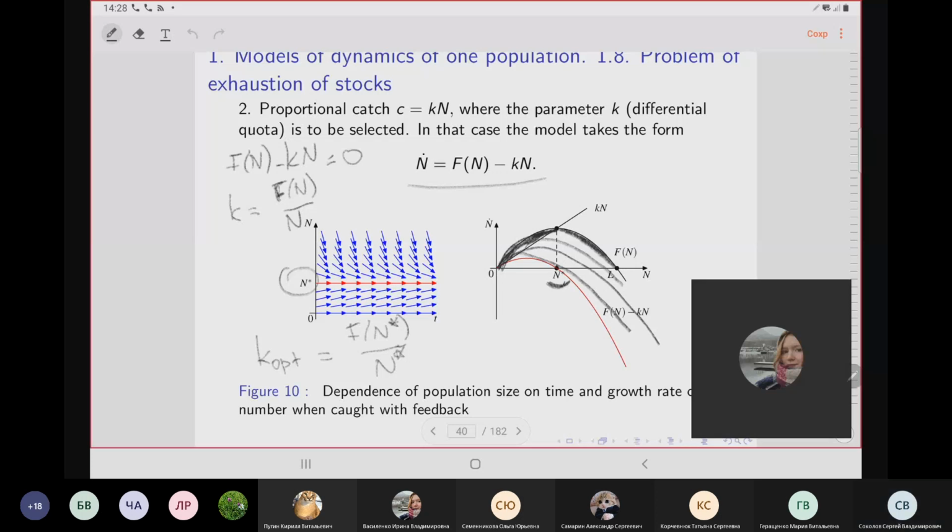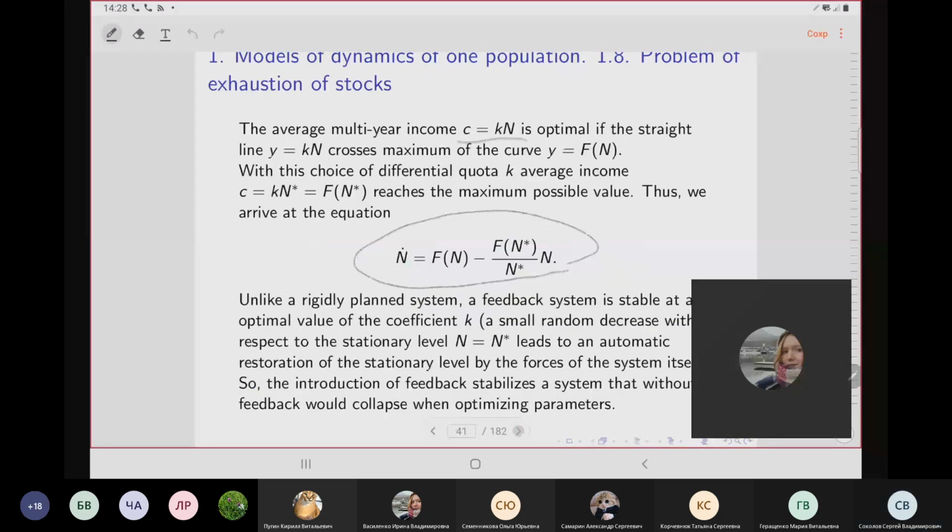Moreover, when we are trying to catch with the proportion k equal to f(n*) divided by n*, the average income will be f(n*), the same.